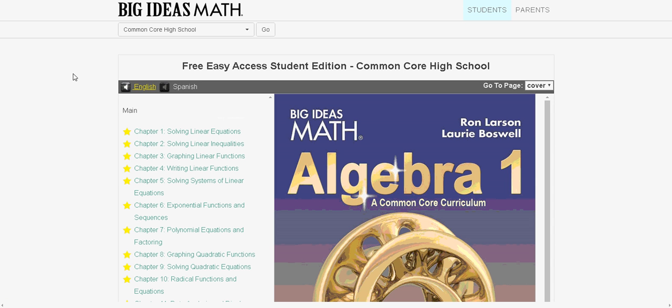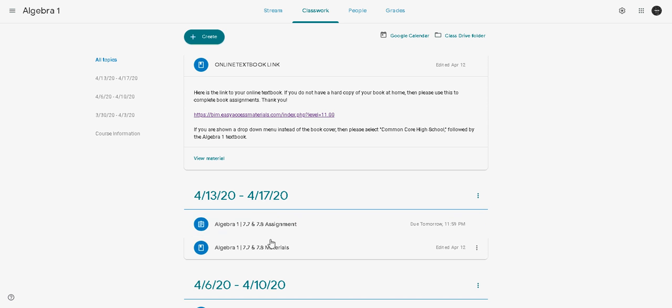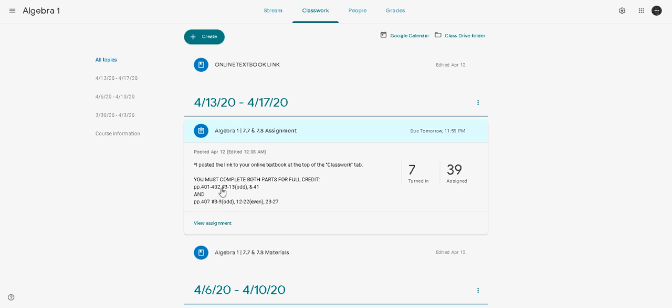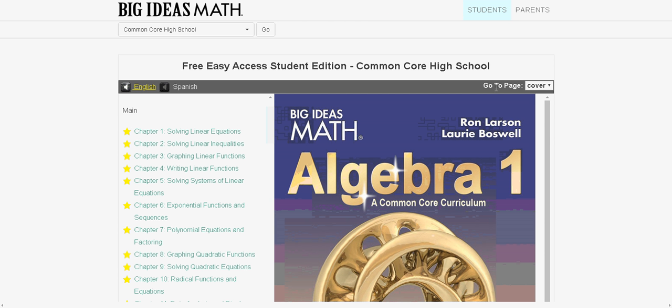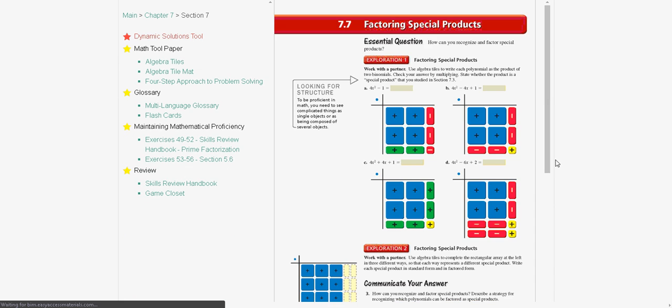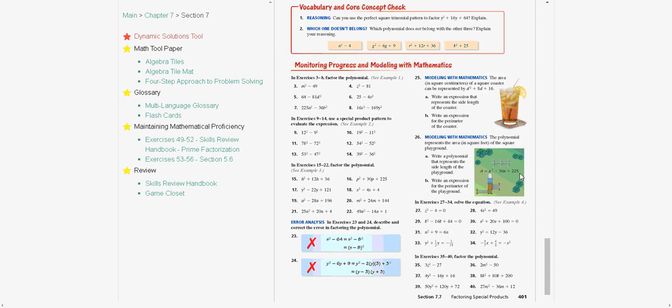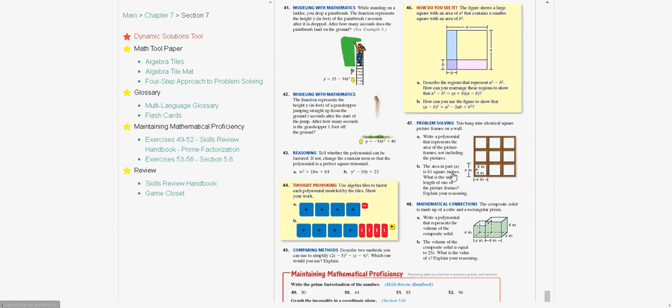All right, so in this assignment, we are working on pages 401 to 402 for the first part. So over here it has go to page. That's probably the easiest way to get there. You could navigate by chapter and then look at the individual sections, but I'm going to go to pages 401 to 402. So I'm just going to scroll down here to 401, and there it is, and then looking at the bottom here, that's 402.